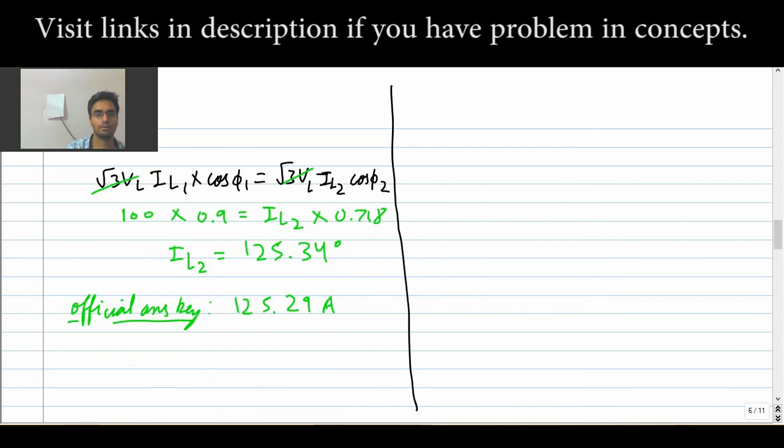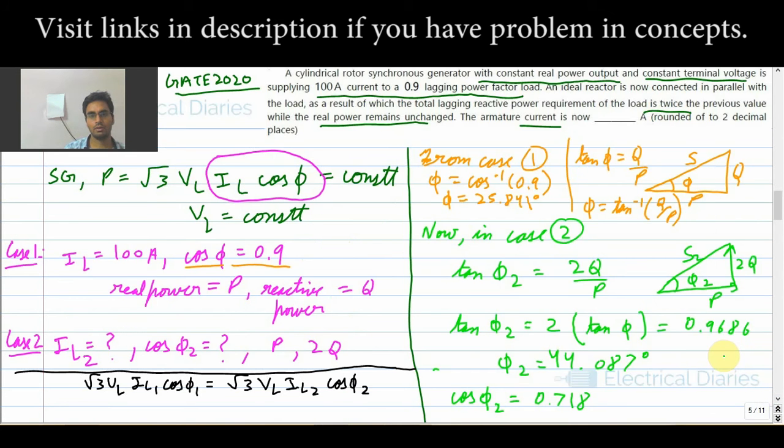Okay, so this is amps, sorry. There might be some silly calculation rounding or anything. Just check it out, but your answer is 125.29 amps. So this is how this question needs to be solved.